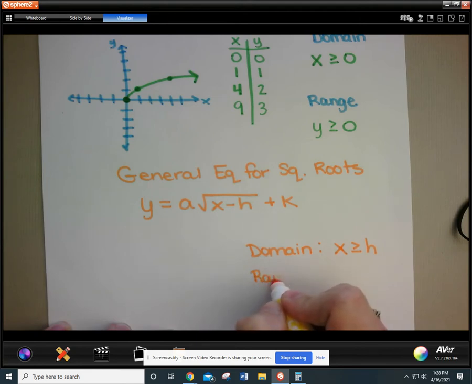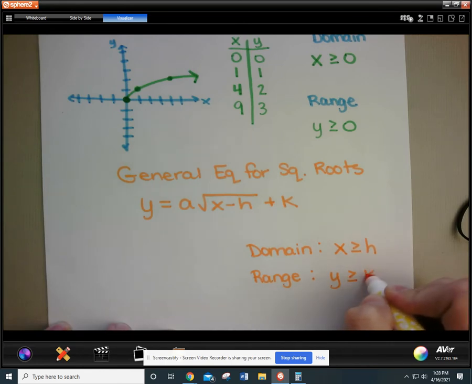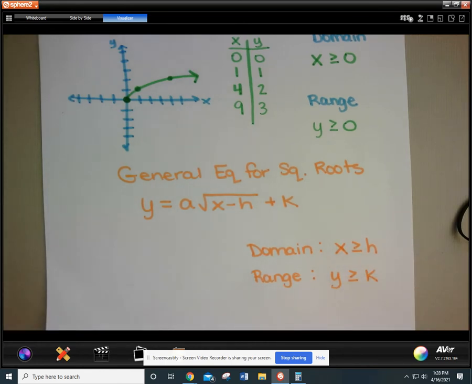Our range is going to be y's greater than or equal to k, with the exception, unless the graph opens down, then we would say our y's are going down, less than or equal to the k. All right, so let's look at an example.